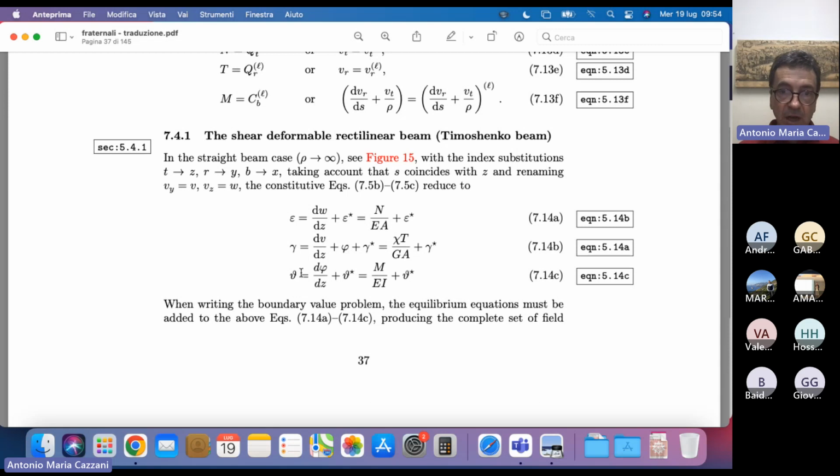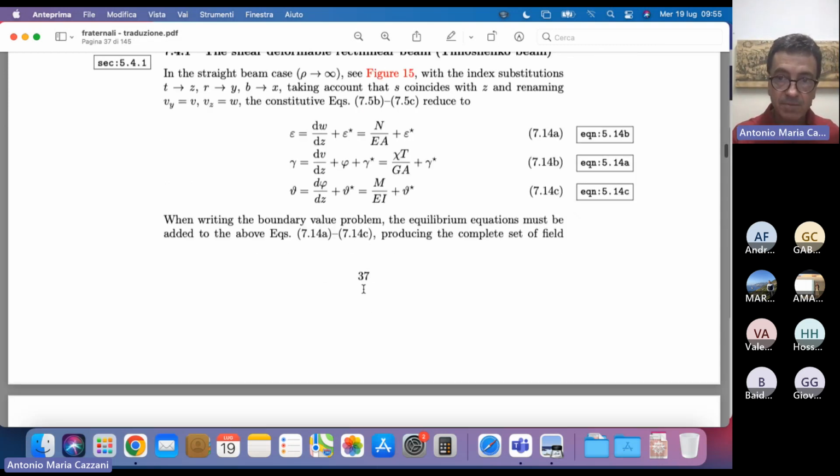And finally, the angular strain, theta, is the derivative of the cross-section rotation phi, plus, of course, the angular distortion. And all of these quantities are determined by the corresponding values of the axial force, shear, and bending moment.